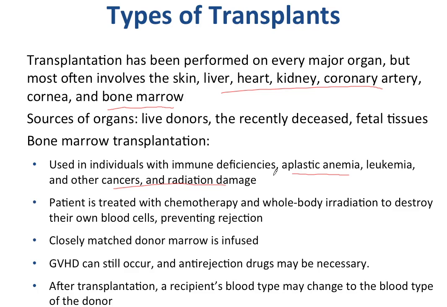First, the patient has to get chemotherapy or irradiation to destroy their own blood cells, actually to destroy all the hematopoietic stem cells in their bone marrow. Then we match the patient's MHC markers with the donor's MHC markers. So we choose the closest.